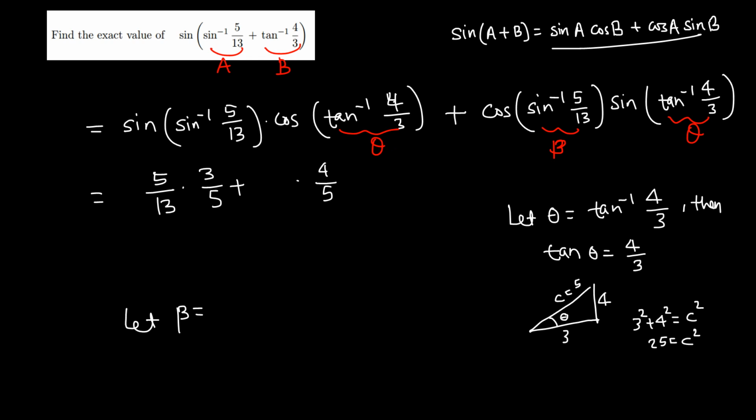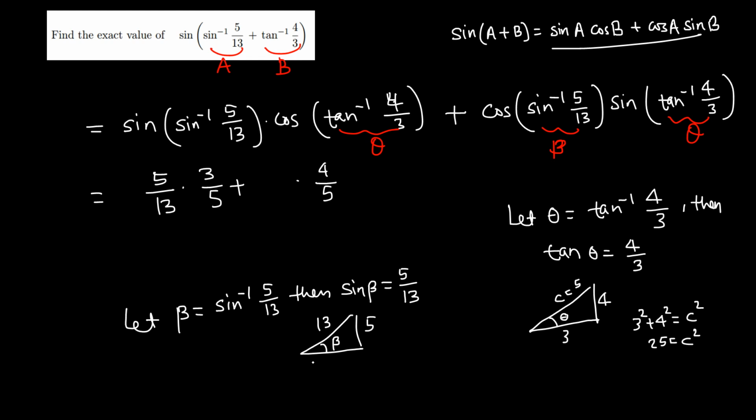So let beta be sine inverse of 5 over 13, which is the same as sine beta equals 5 over 13. Based on this we can draw a right triangle with angle beta. Sine is opposite over hypotenuse, so 5 over 13.